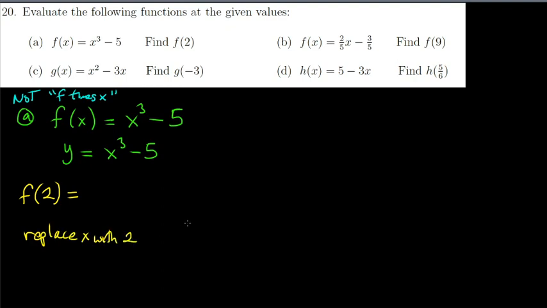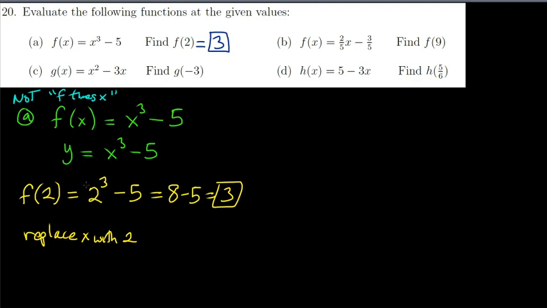Everywhere you see an x, change it to a 2. So instead of x cubed minus 5, it's 2 cubed minus 5. Now 2 times 2 times 2 is 8, and 8 minus 5 is 3. So the answer for part A is 3. And that's all they're looking for, just the number 3.